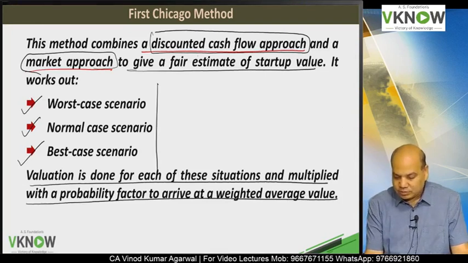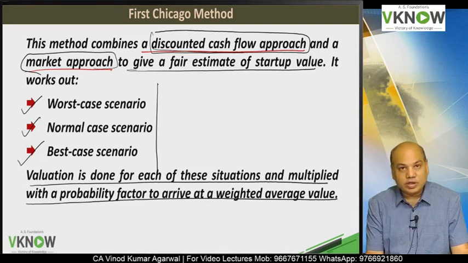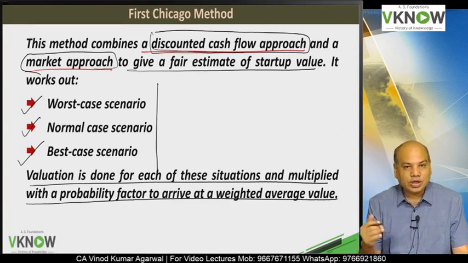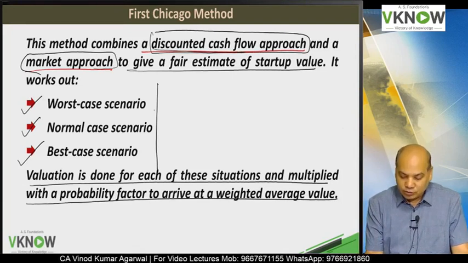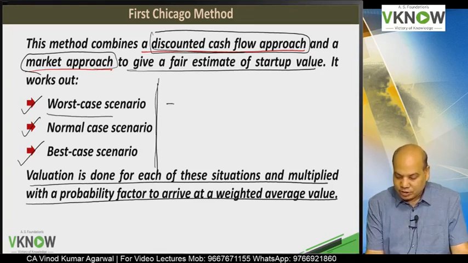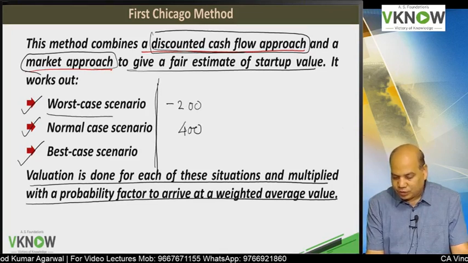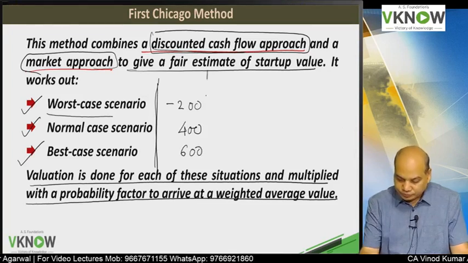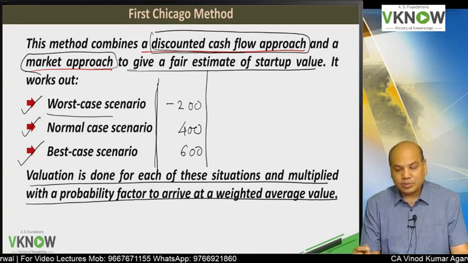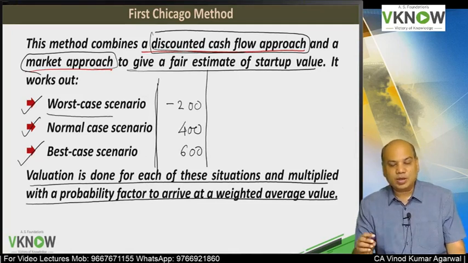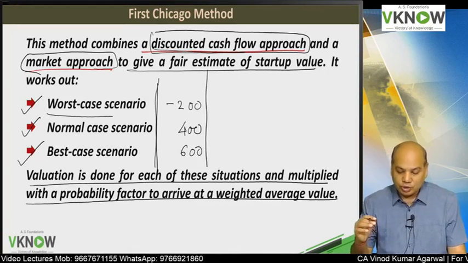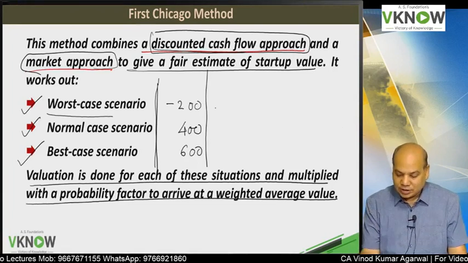For example, they will compute DCF in a worst case scenario. What can happen? What will happen if the situation is worse? Let us say cash flow may be 200 crore. Normal case 400 crore, best case scenario 600 crore, and you assign probabilities as to what is the probability of worst case scenario.